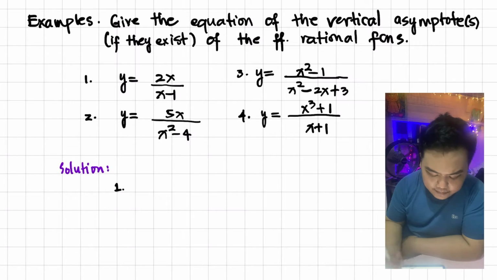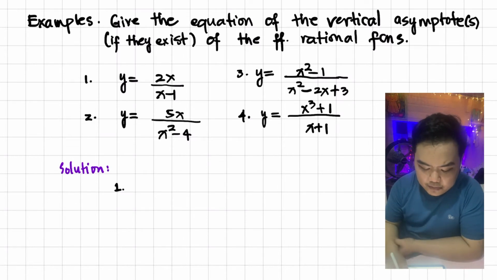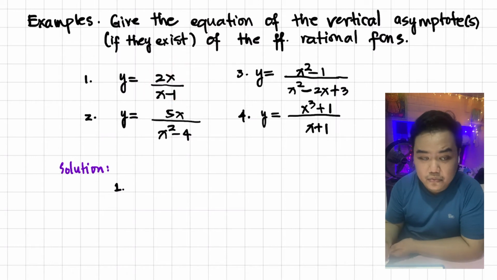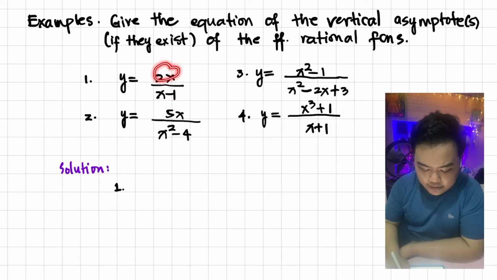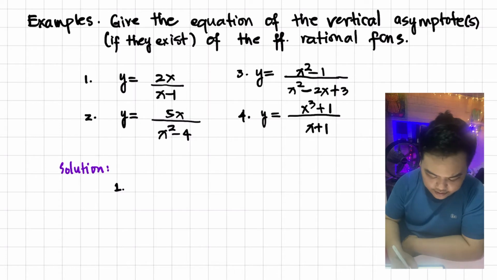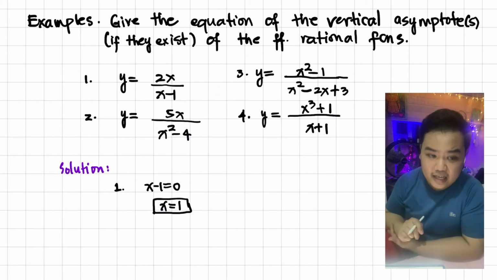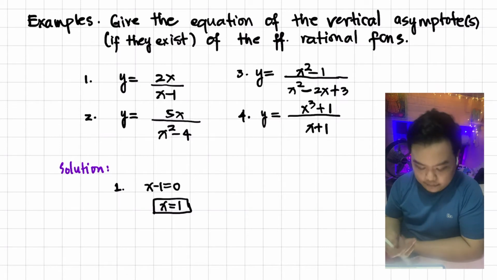So, ang first step is to simplify, cancel the common factors. For number 1, do you have common factors at 2x and x minus 1? Obviously, wala. So, gagawin mo na yung step 2, which is equate the denominator to 0. And solve for x. X minus 1 equal to 0, x equal to 1. So, this is the vertical asymptote ng rational function sa number 1. Isa lang ang kanyang vertical asymptote.